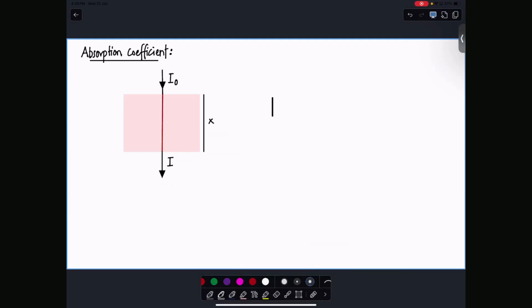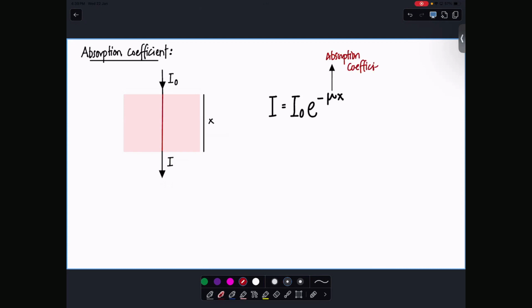I equals I naught e to the power minus mu x, and the mu is the absorption coefficient. For a different material, you get different values again. So this is called the absorption coefficient. And x is the thickness, like what distance you travel.